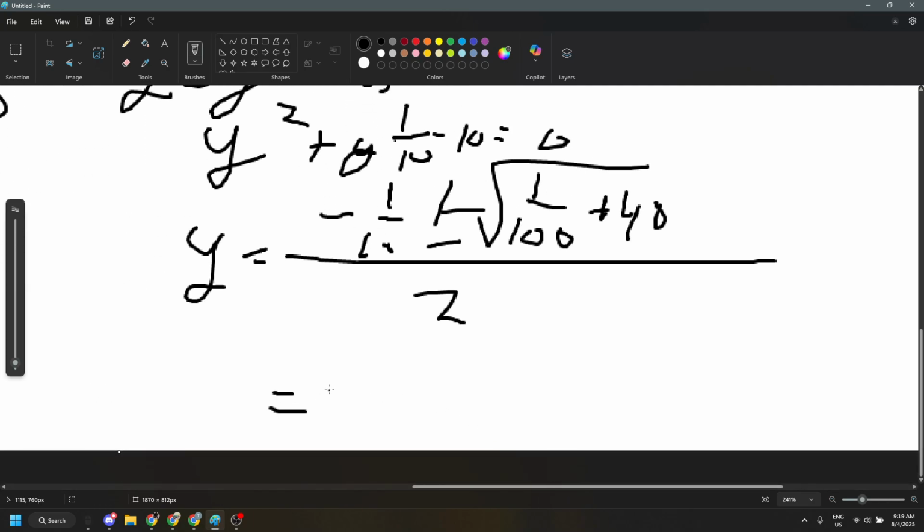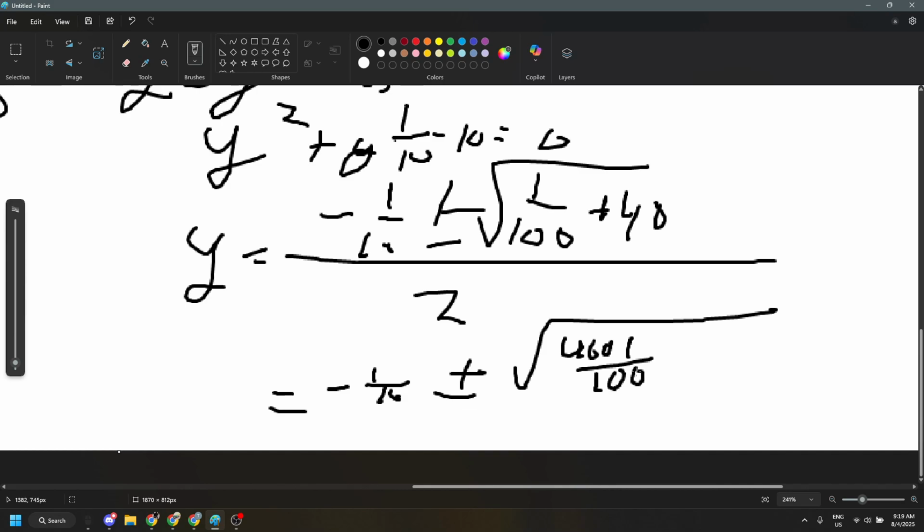So this is equal to negative 1/10 plus or minus the square root of, this should be 4,001/100, all over 2.